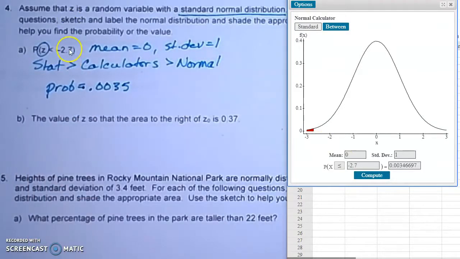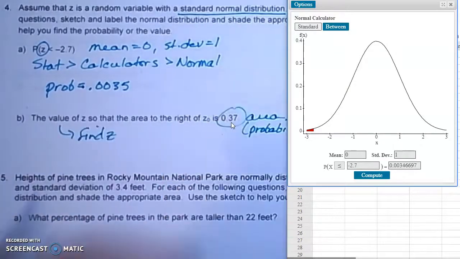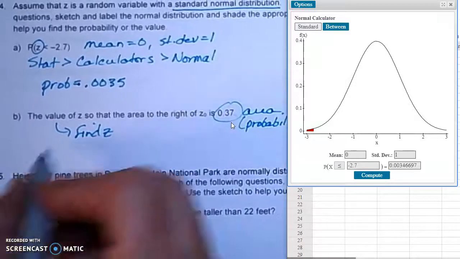So in this problem, we had the value for z, and it was asking for the probability. In the next one, we want to find the value of z so that the area to the right of that value is 0.37. This time they're giving us the area, or the probability, and we're supposed to go back and find the z. That means that we're going to use our StatCrunch normal calculator going backwards.